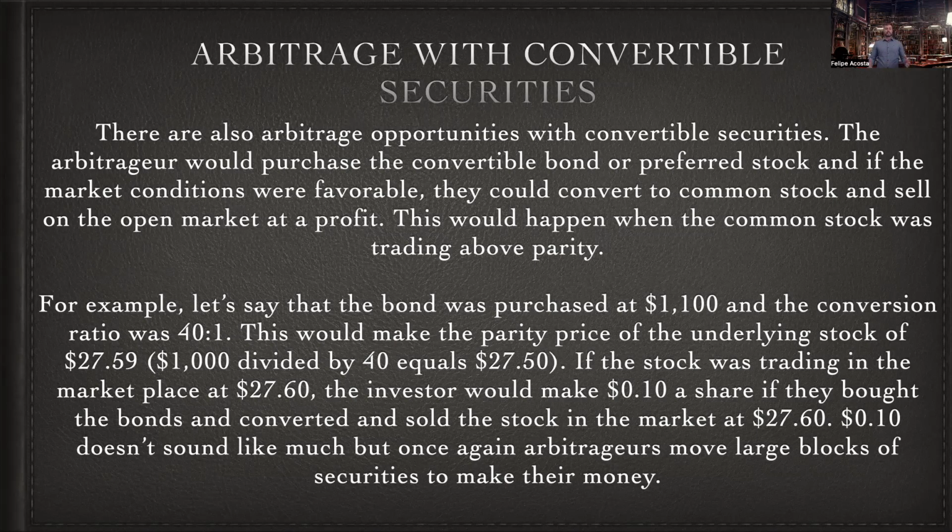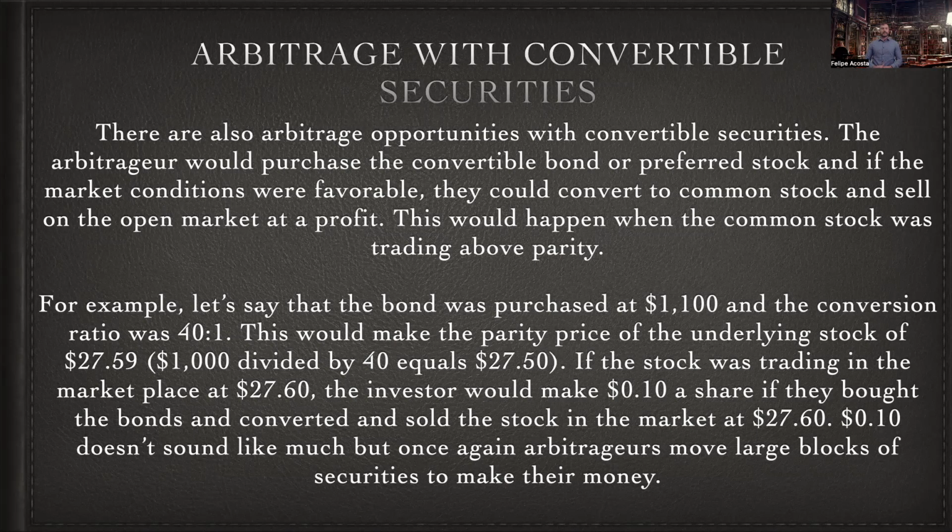So for example, let's say the bond was purchased at $1,100 and the conversion ratio was 40 shares for the one bond, right? This would make the parity price of the underlying stock $27.50, because $1,000 is the bond par value divided by 40.